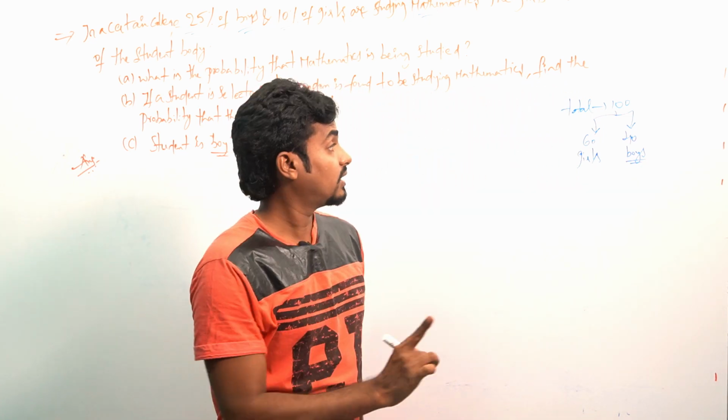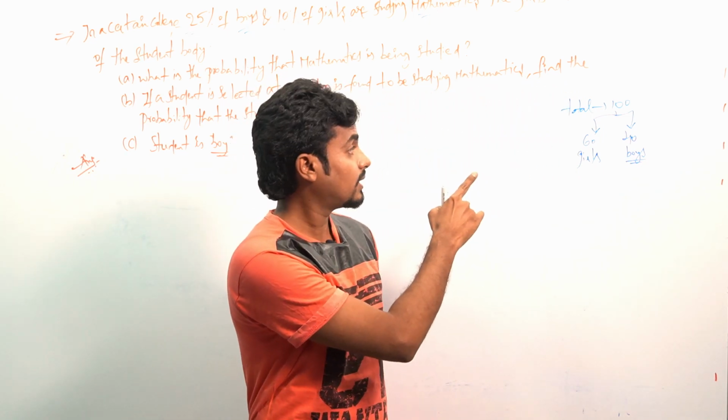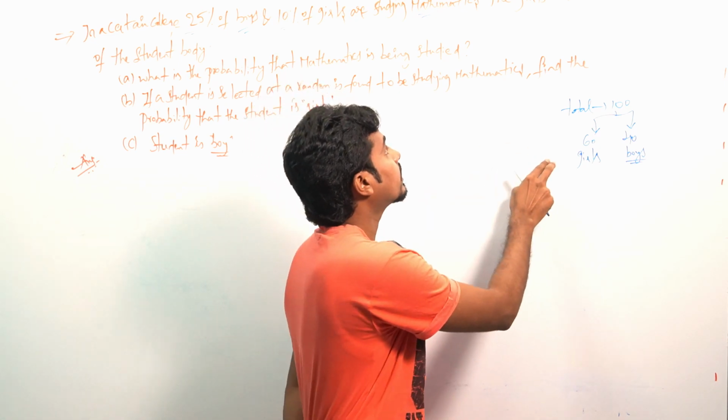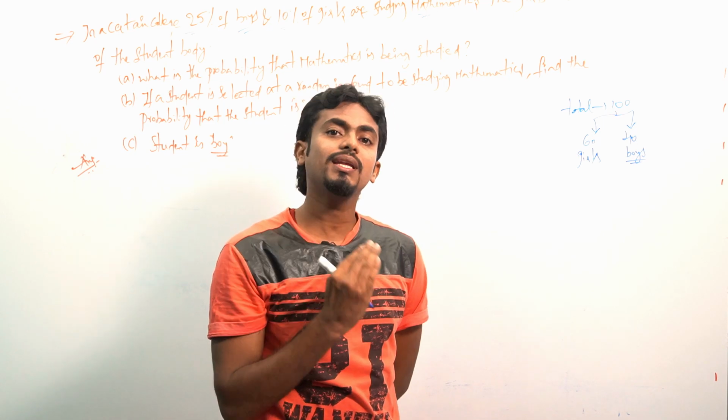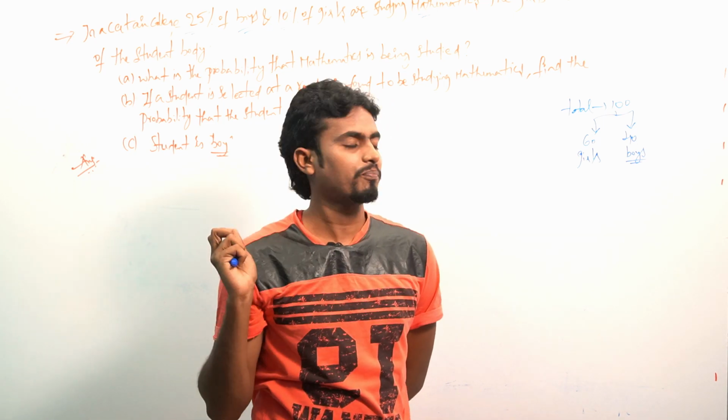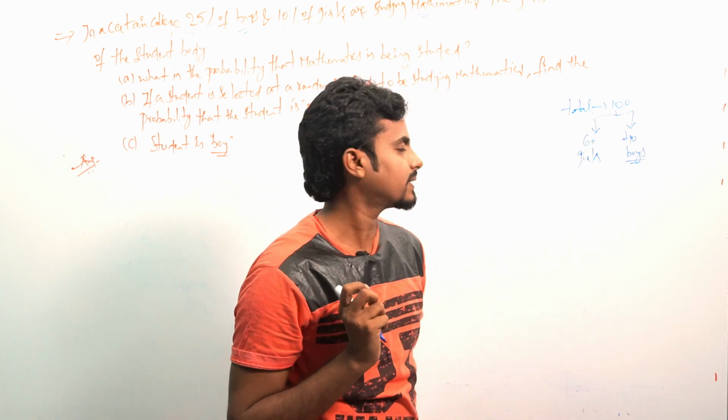For 100, 60 persons will be girls, and the remaining members will be boys. That means 40 members will be boys.